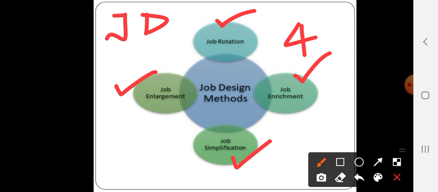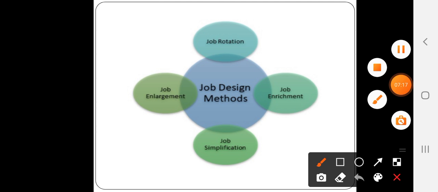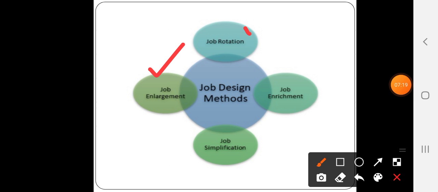As per this, we have discussed the disadvantages of having all these aspects in job design. Job specification we have already discussed in the first video, where I explained what is job specification and job description. We'll be discussing the remaining three aspects, that is job enlargement, rotation, and enrichment, in the next class.